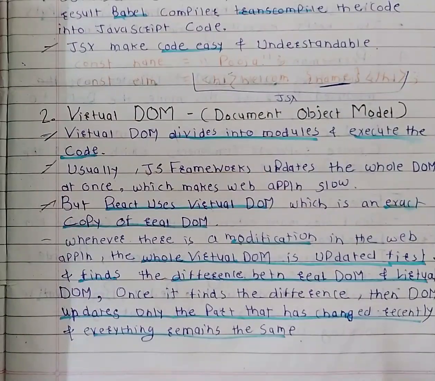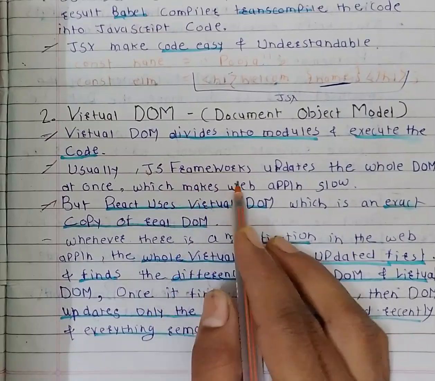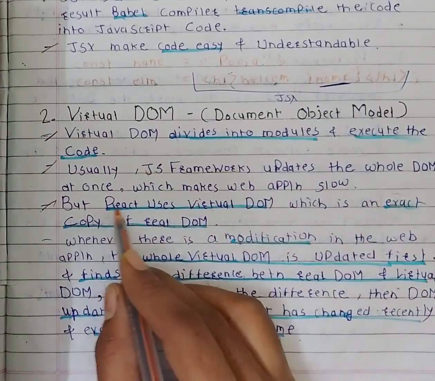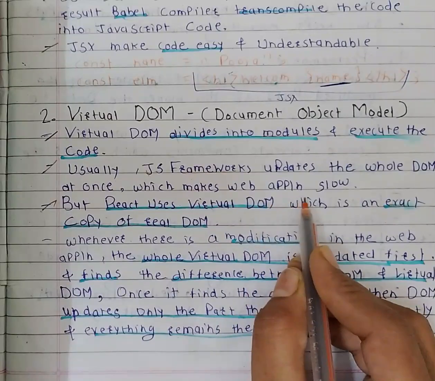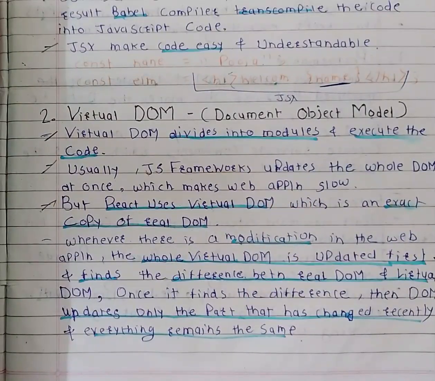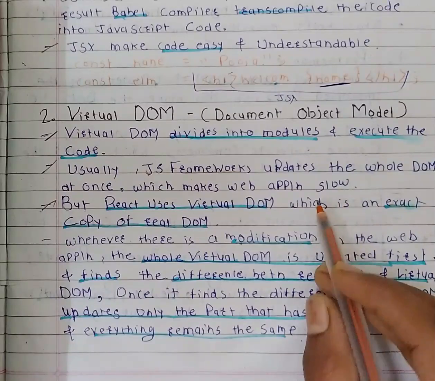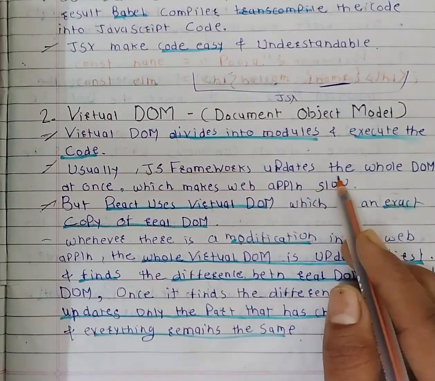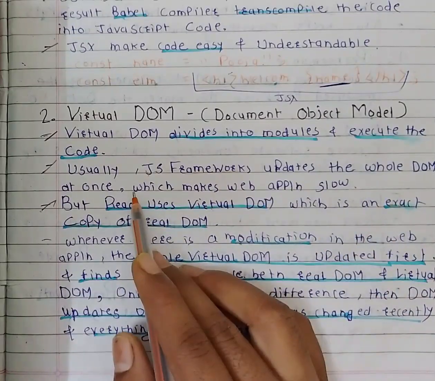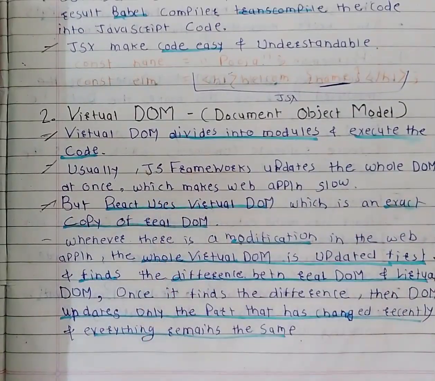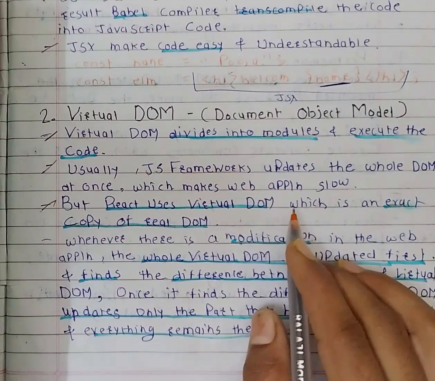For the purpose of simplicity, it divides into modules. Usually JS frameworks update the whole DOM at once, which makes web applications slow. So all the JS frameworks, for the purpose of updating, update the whole DOM at once, so the application becomes slow.